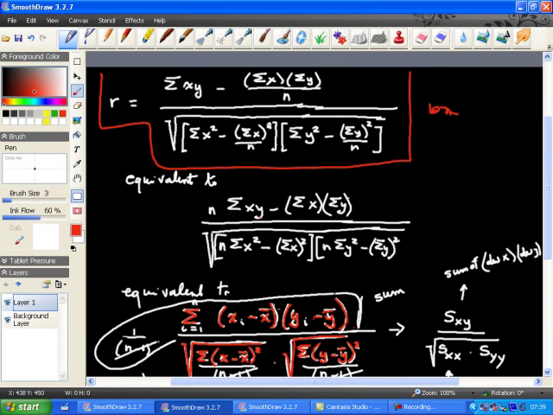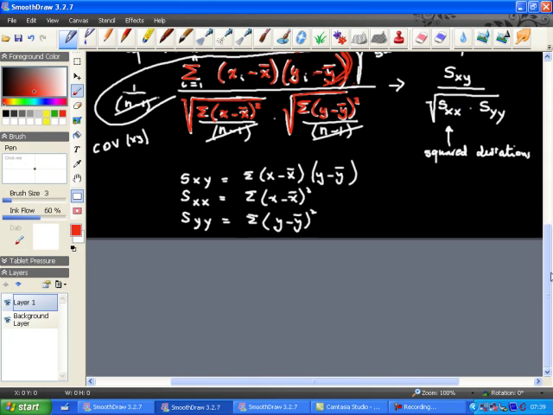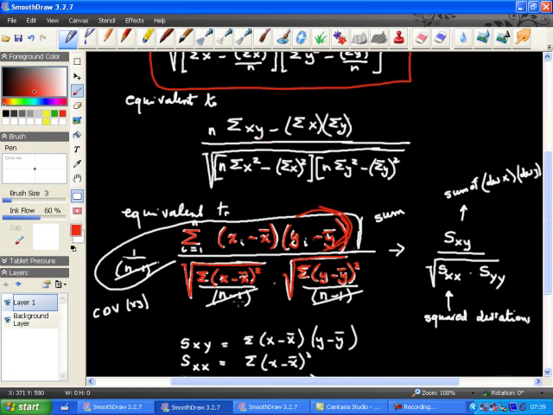So this is the deviation of the variable x minus x bar, and this is the deviation of the variable y minus y bar, and they are multiplied together for each pair and then added. Then it is divided by the denominator, the square root of the sum of the squared deviations for x multiplied by the sum of the squared deviations for y.